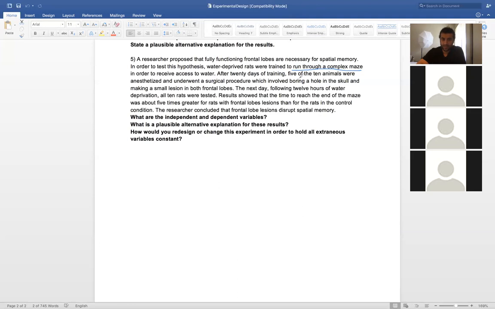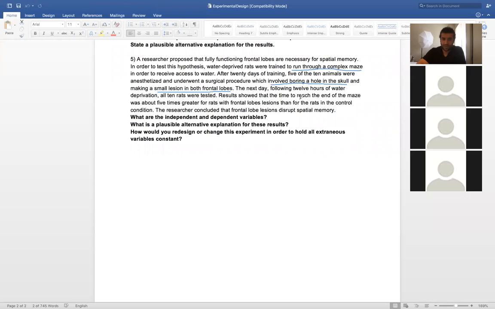After 20 days of training, 5 of the 10 animals were anesthetized and underwent a surgical procedure, which involves boring a hole in the skull, so making a lesion, right, in their skull, and making a small lesion in both frontal lobes. The next day, following 12 hours of water deprivation, all 10 rats were tested.